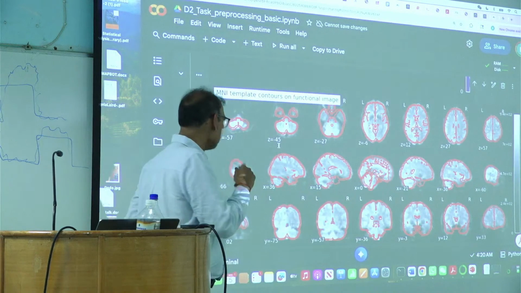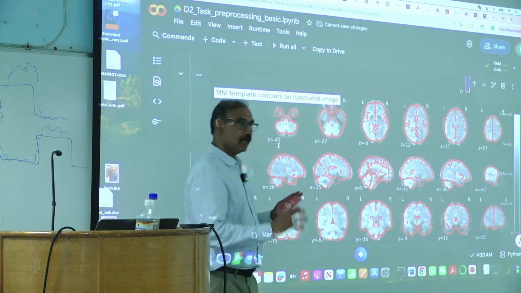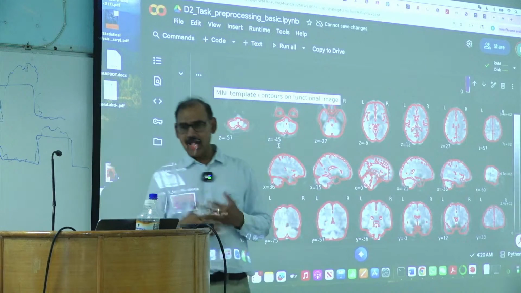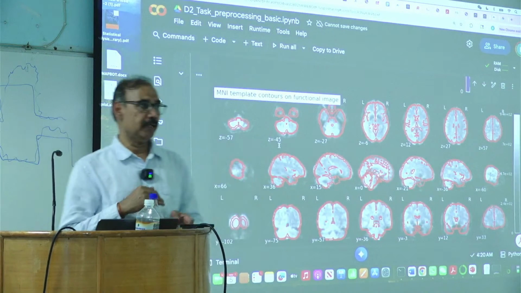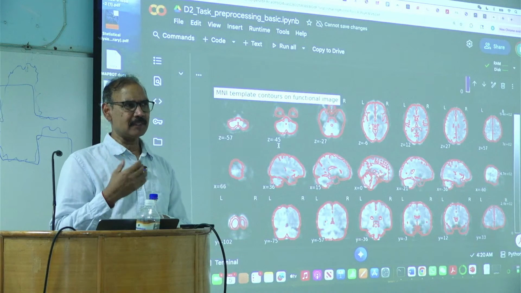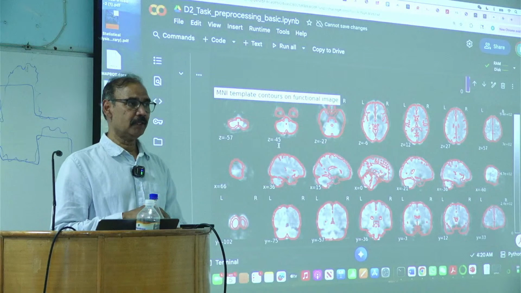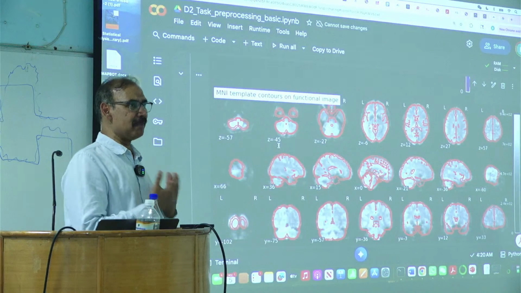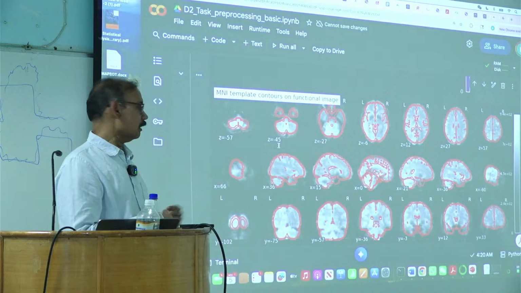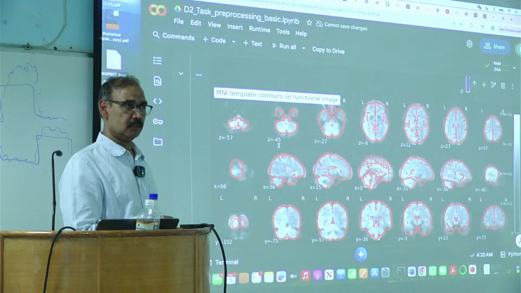Okay, so if you have some activation, let's say here, outside the contour, I would be careful, right? I would say it's very unlikely that this is real activation. It may be just specific to one or two subjects, right?